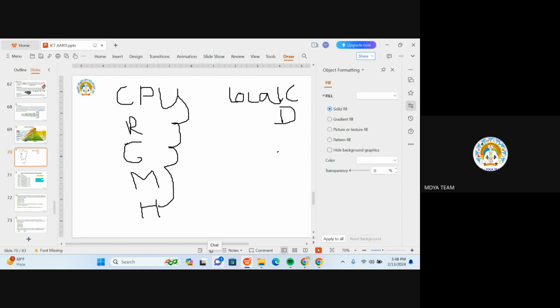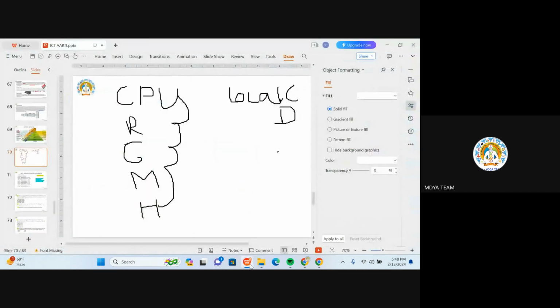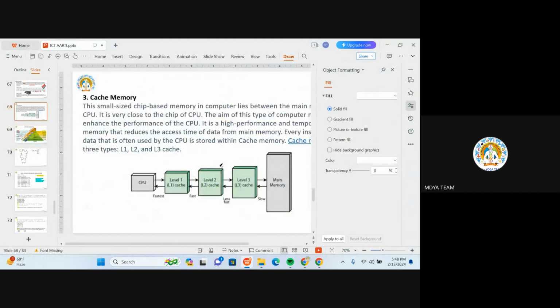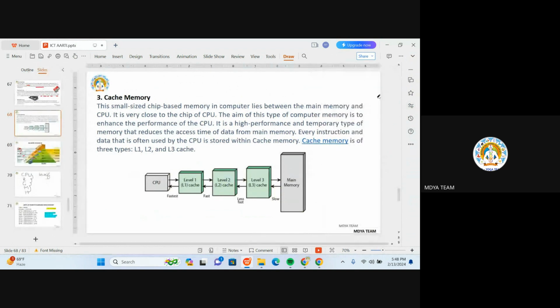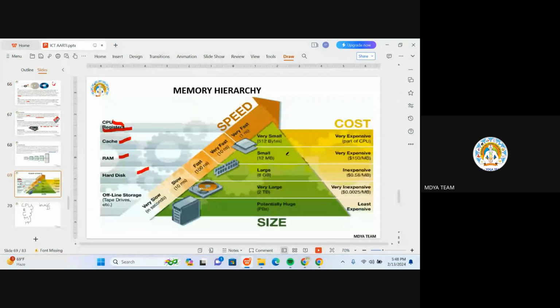So registers can store a maximum of 64 bytes of information, not more than that.